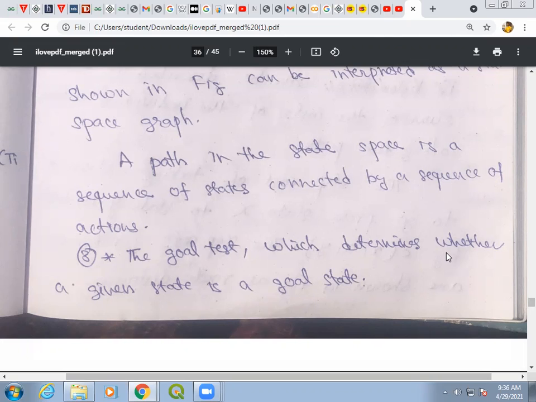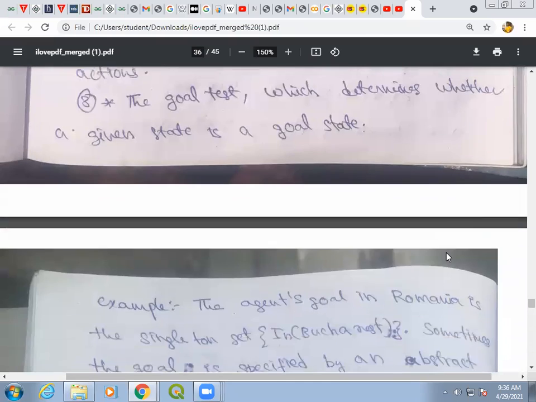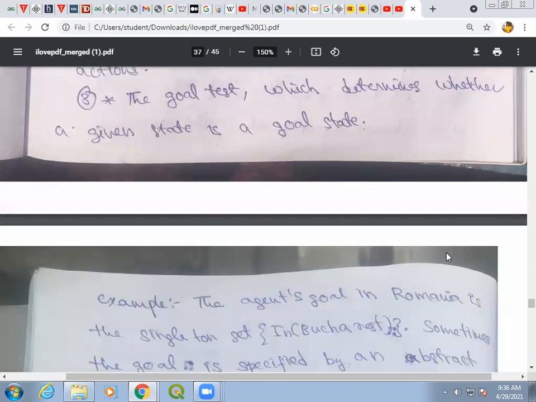After reaching a particular state, it has to check whether that state is the goal state or not. That can be done by using the goal test. If it is not the goal state, then it will keep on doing the next action. If it reaches the goal state, it will just give the result, saying that the solution is obtained. Otherwise it will search for the solution.